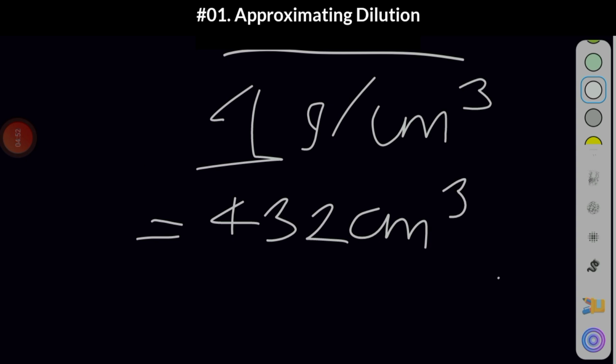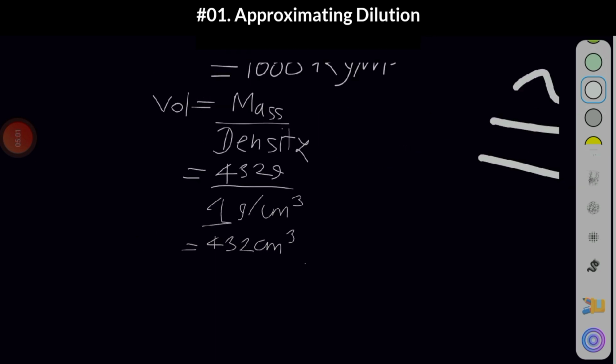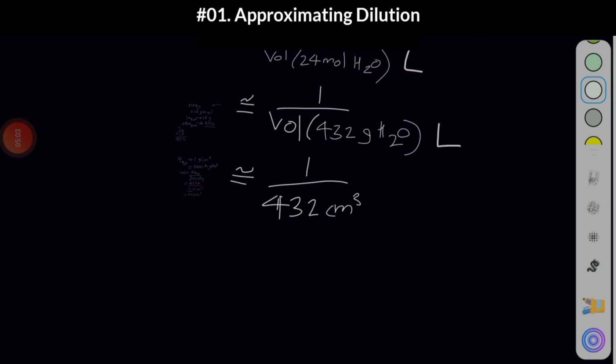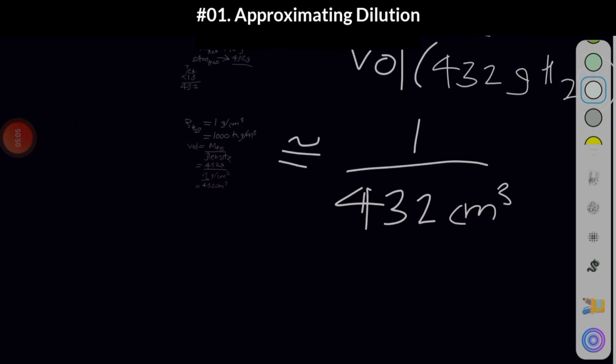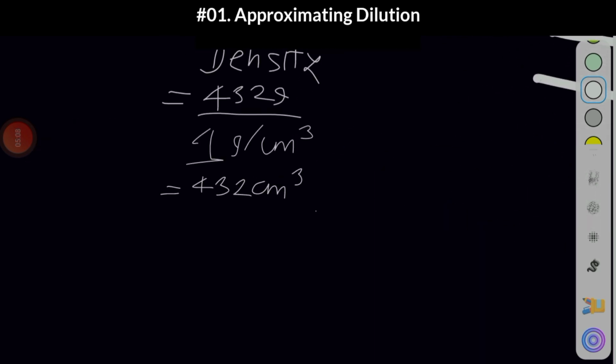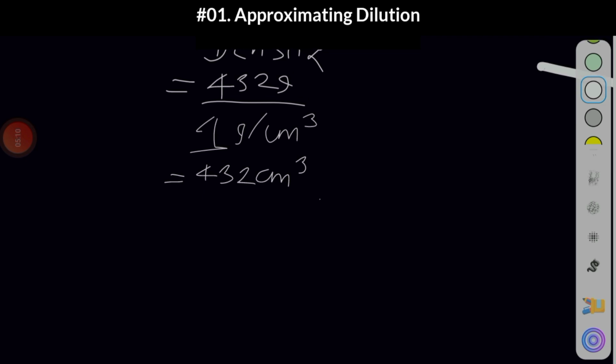Awesome. So is that done? No, not yet, because for the definition of molarity we need this volume not in centimeter cube, we need it in liters, right? So we'll still have to convert this into liters. Let's see how you do it.